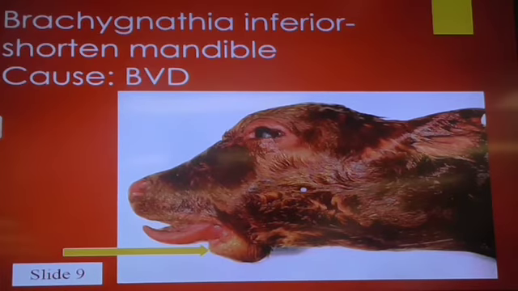So Brachygnathia inferior, and a lot of congenital defects can occur in that case. All right. So this is Brachygnathia inferior, where we have normal maxilla and a shortened mandible.